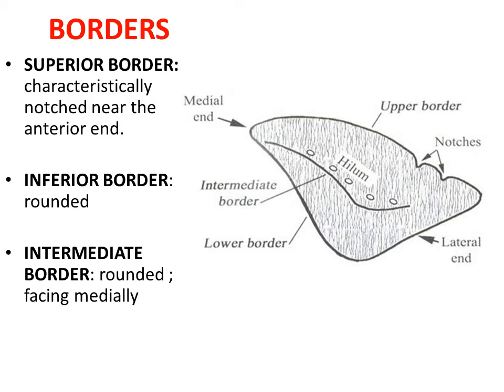Basically this notching of the superior border is evidence of its multiple origin. But there are a lot of variations with this. These notches can be present on the inferior border also. Right? So we cannot identify the spleen on the basis of these notches. We have to look at other features also. Right?